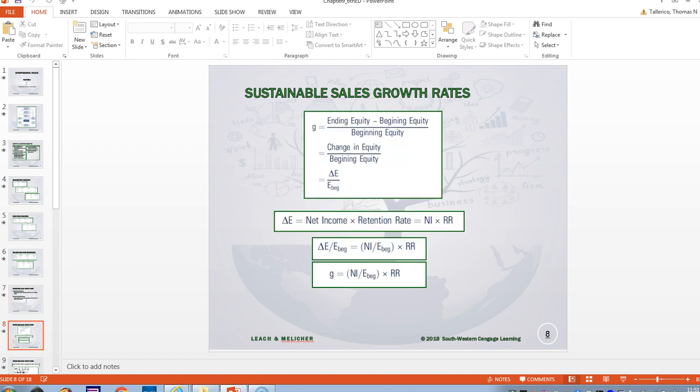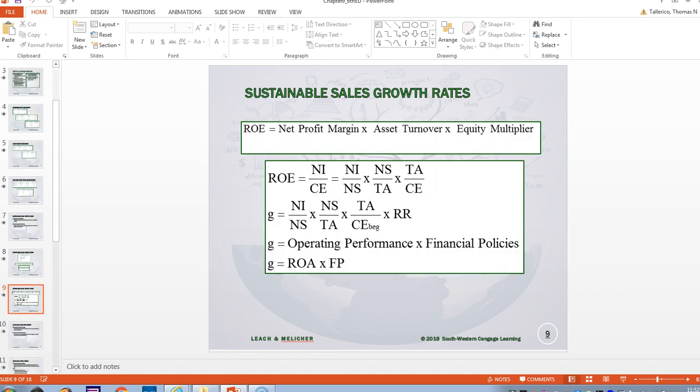All right, so let's look at the sustainable sales growth. Remember, we went through this equation, and we said it was in many forms. So it was in 1 form, 2 forms, 3 forms, 4, 5, and basically 6 here. So all these should be on your sheet, one way or another, to get the sustainable sales growth. Another way to do it is with the operating performance using some ratios.